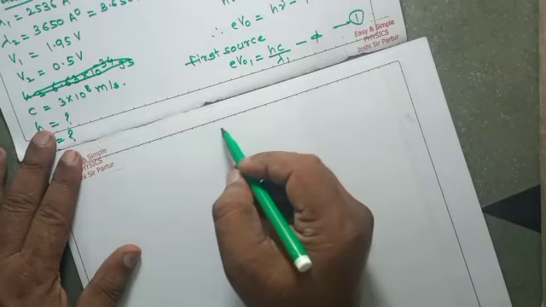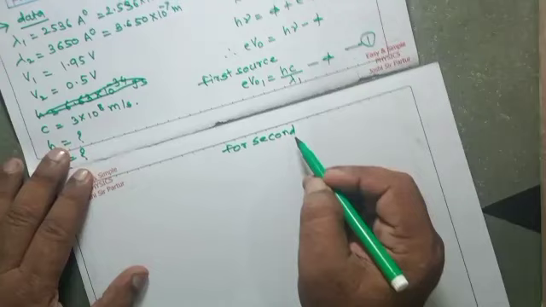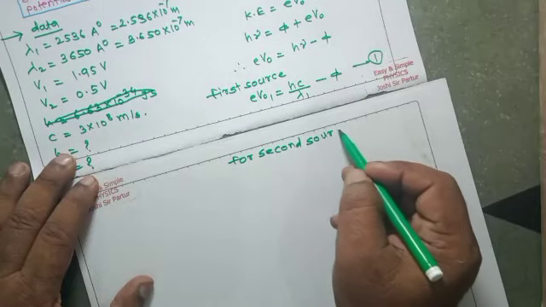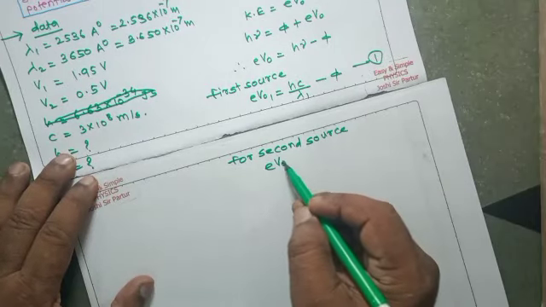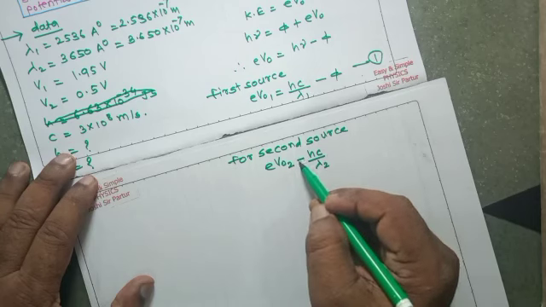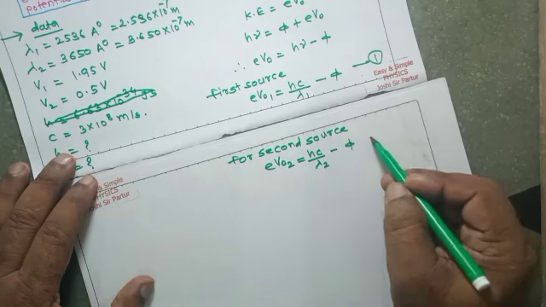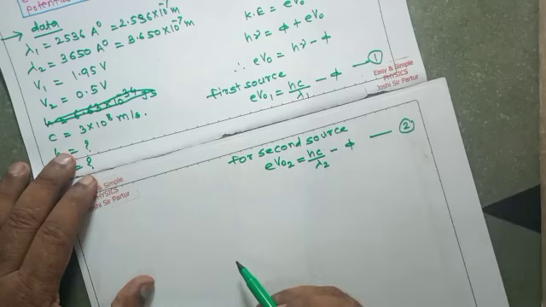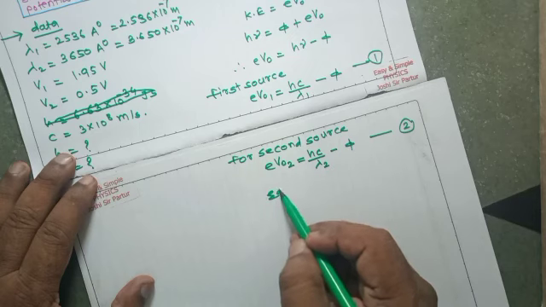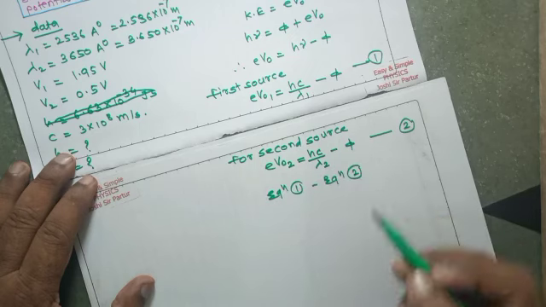For the second source, eV02 is equal to hc upon lambda 2 minus phi, equation number 2. So equation 1 minus equation 2 gives this relation.